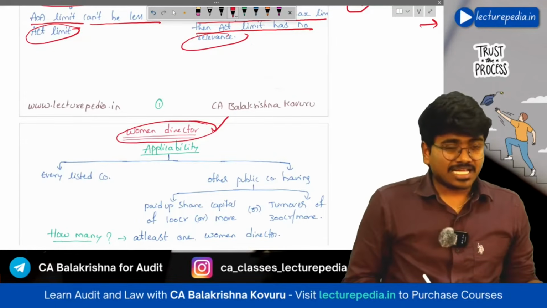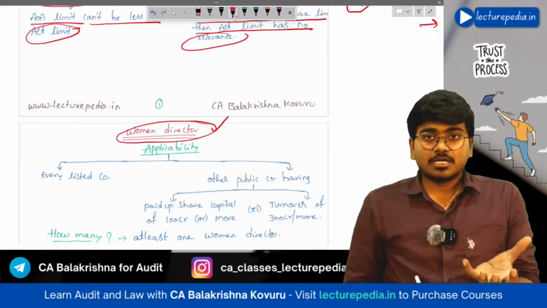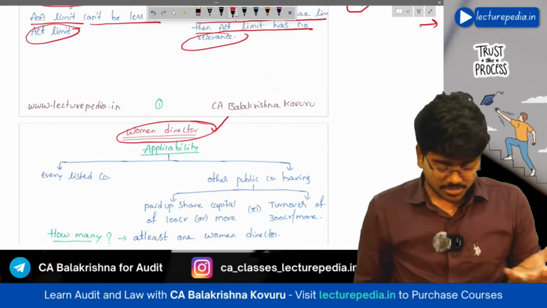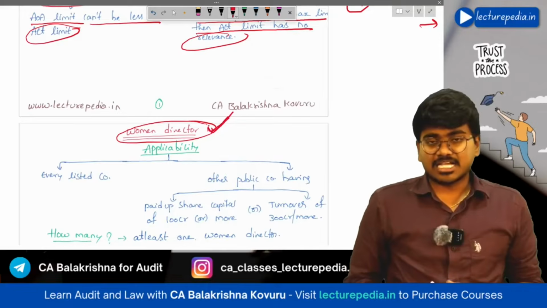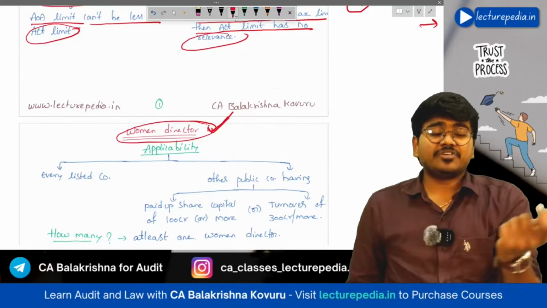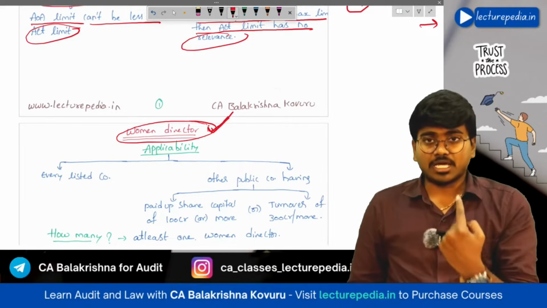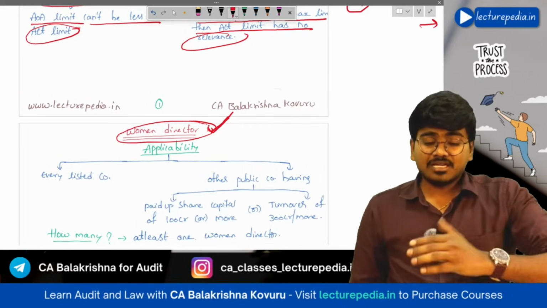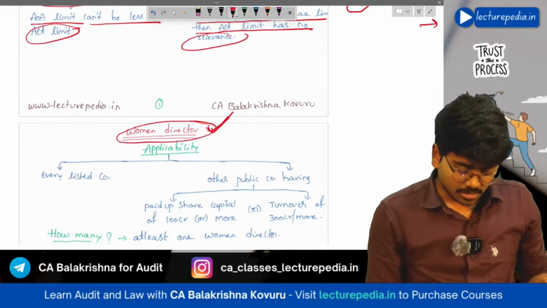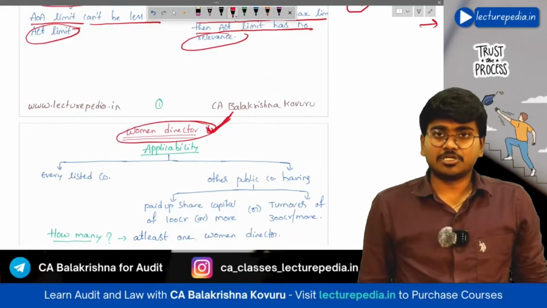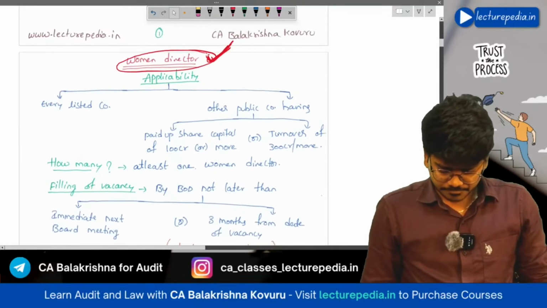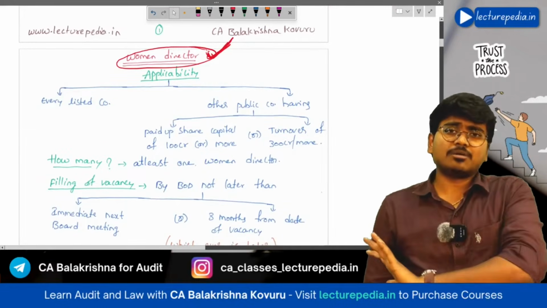In order to encourage women participation in the businesses and in the companies, this concept of women director has been introduced, and also to introduce a diversification at the board level. At the board of directors level, to have a diversification among men and women, this concept of women director has been introduced.